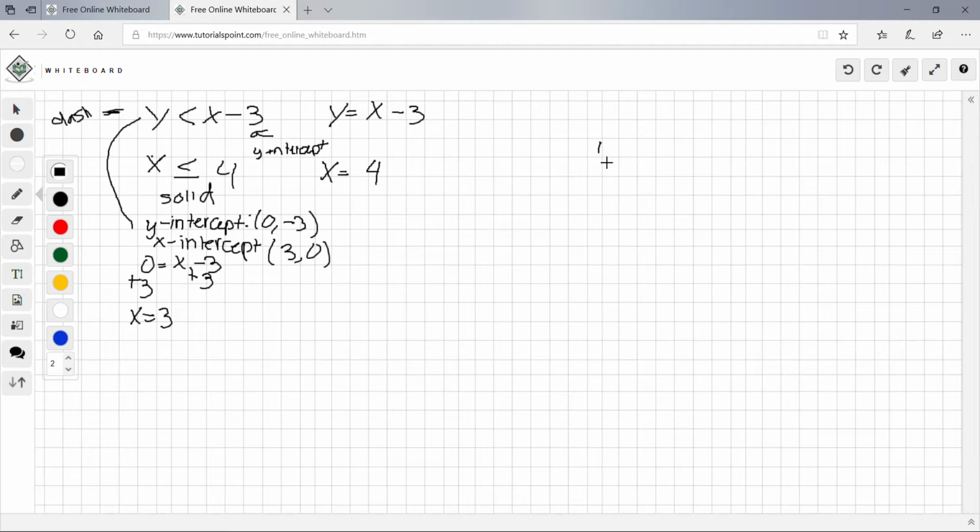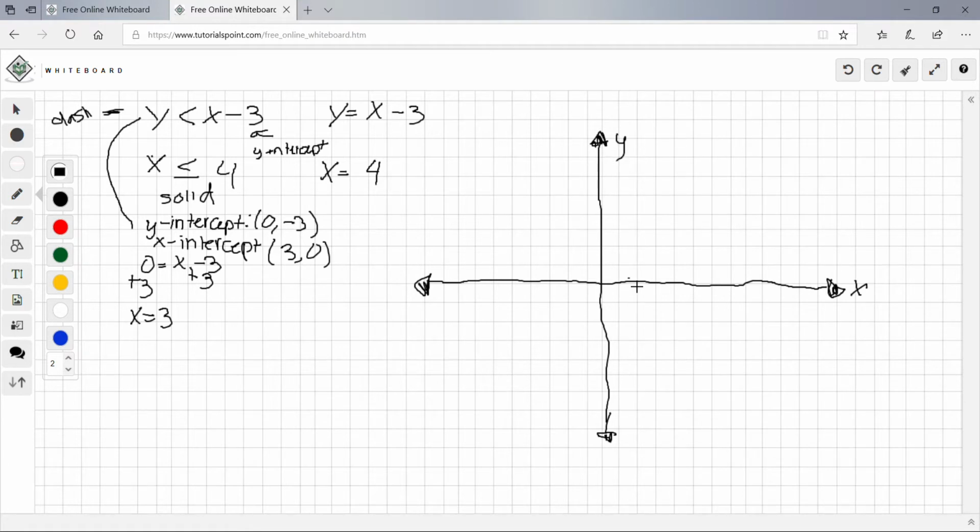So let's graph it. So this is 1, 2, 3, 4, 5.